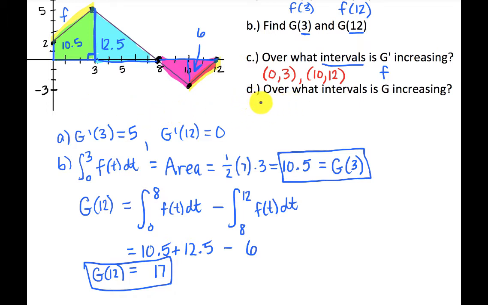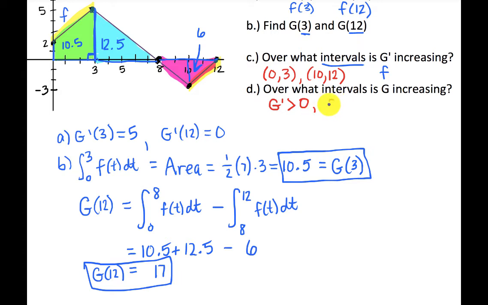Let's take a look at part D. It's asking over what intervals is g increasing, not g prime. So remember, g represents all these areas here. So if we want to know where g is increasing, we're really just looking for where its derivative is positive. So when you're looking for where a function is increasing, you're looking for where the derivative is positive. So the derivative, again, represents f.